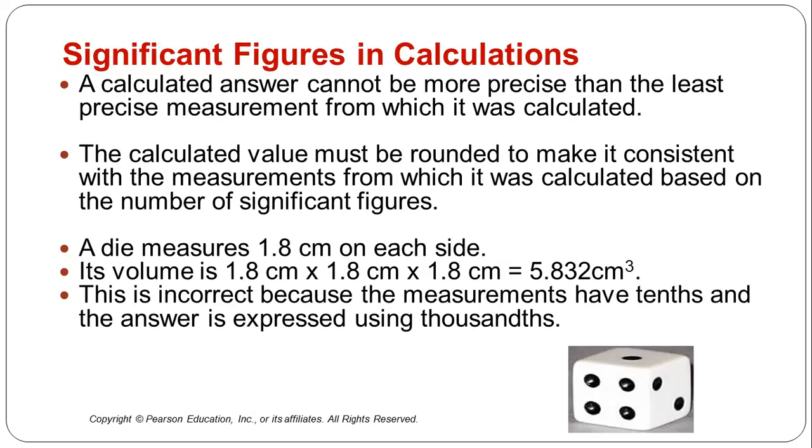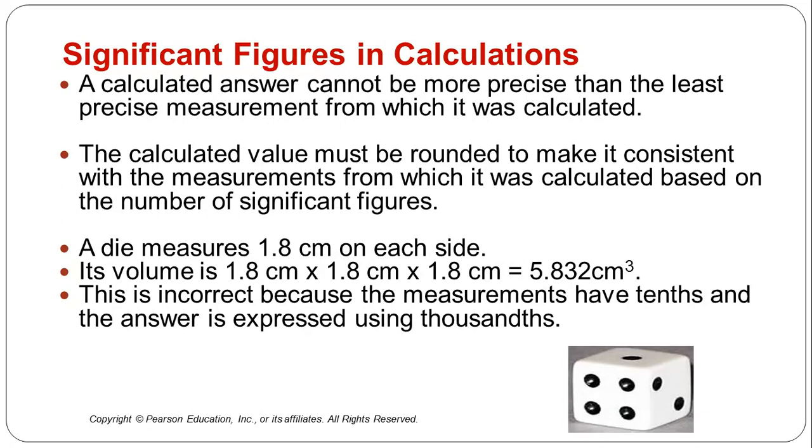Significant figures in calculation. So, a calculated answer cannot be more precise than the least precise measurement from which it was calculated. So, meaning, the calculated value must be rounded to make it consistent with the measurement from which it was calculated based on the number of significant figures. Halimbawa, a die measures 1.8 cm on each side.